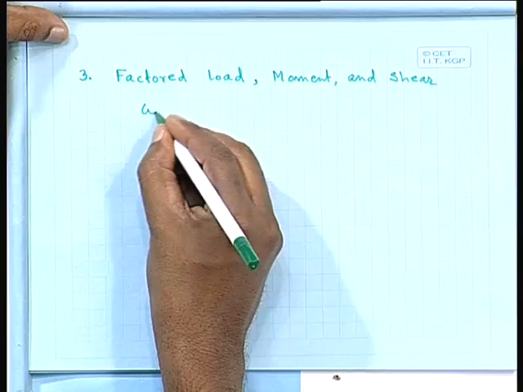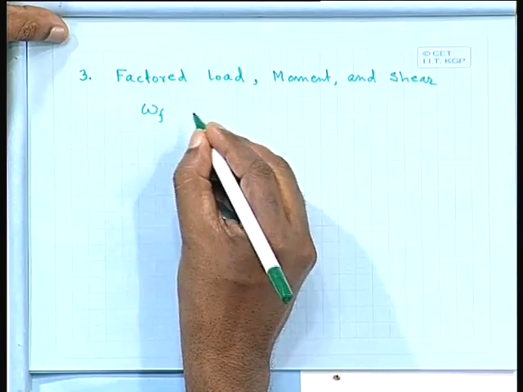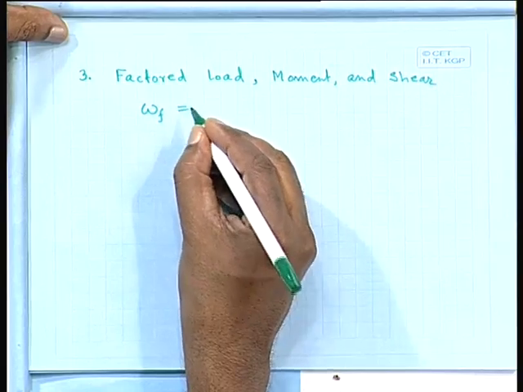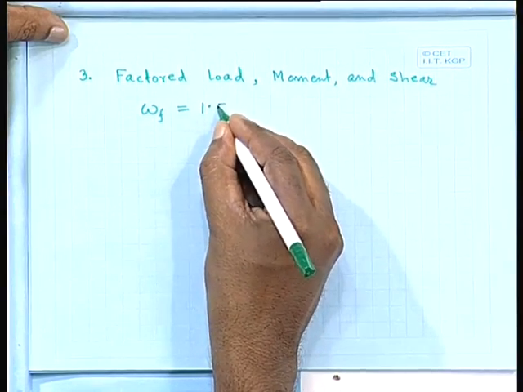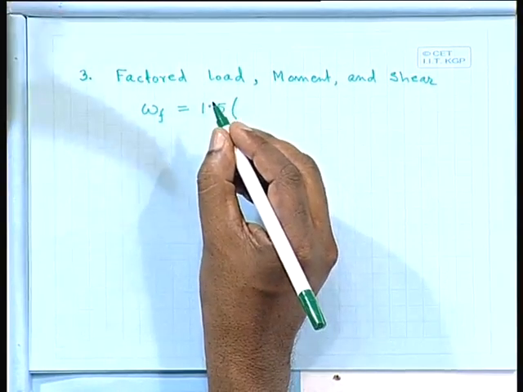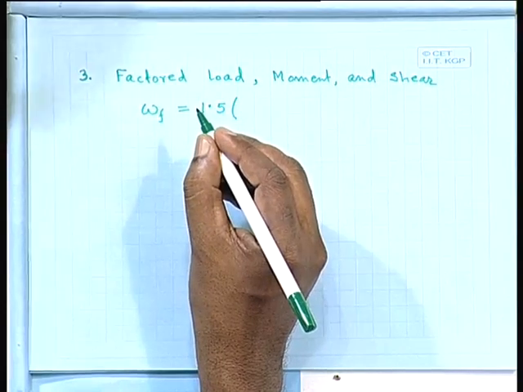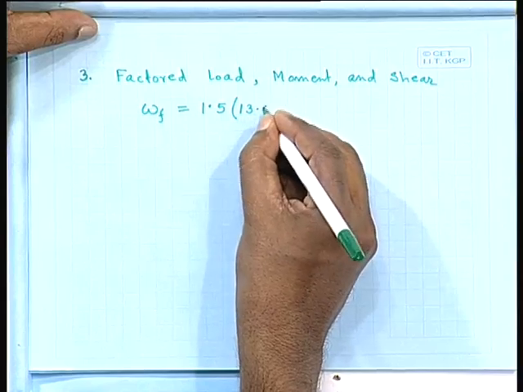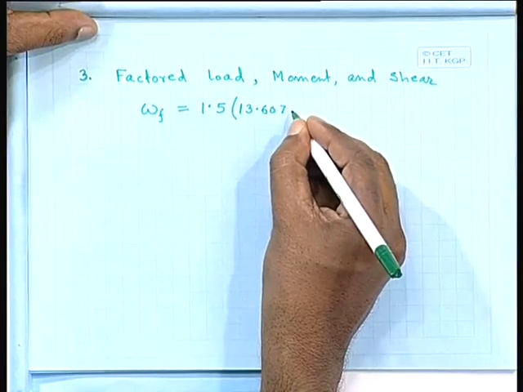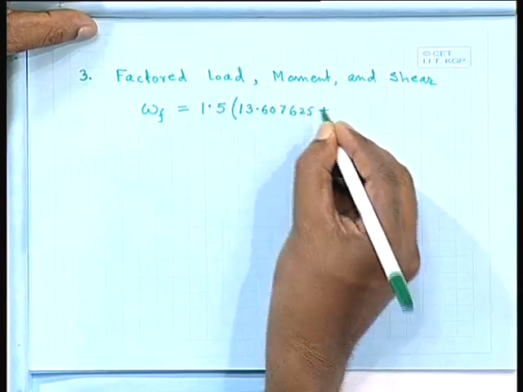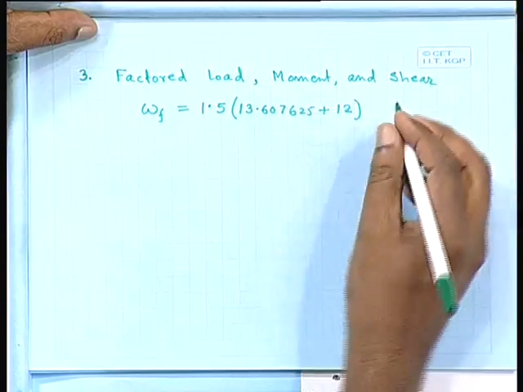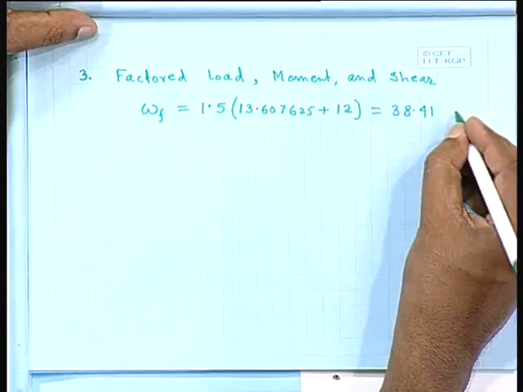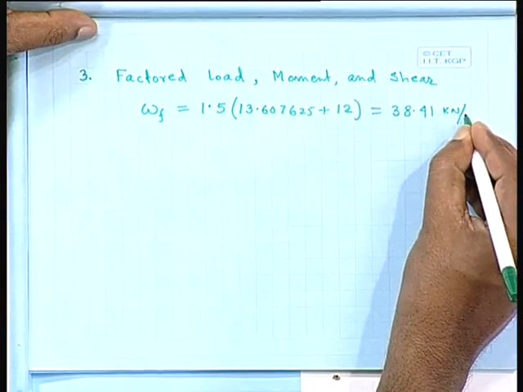Let us say WD, or we can take say WF, the design load, the factored load. Since it is not mentioned, and we are taking only dead load and live load, we shall multiply with 1.5, which comes as dead load plus live load equals 38.41 say kilonewton per meter.